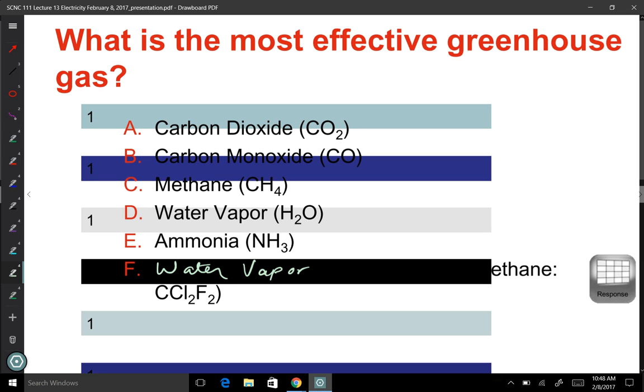I never worry about the alignment of these because you're not supposed to see them. Oh, wait, no, that's not water vapor. Water vapor was D. F is fluorocarbons. Dichloro-difluoromethane is what I have here.